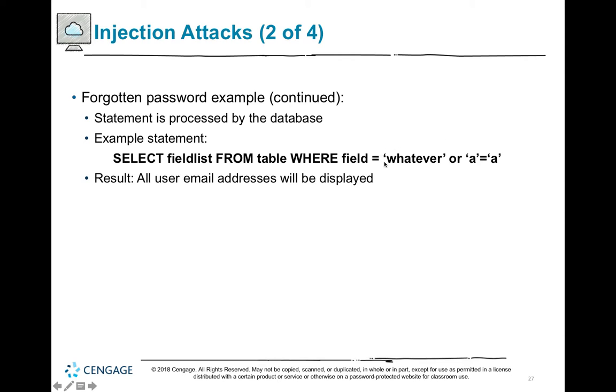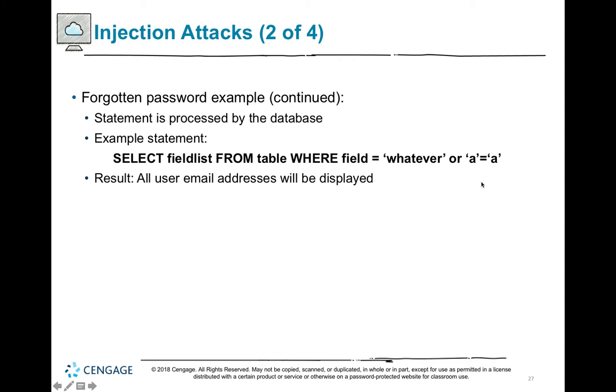Where it's expecting an email address here, the attacker has entered whatever, then a single quote, because that completes the text, field equals something surrounded by quotes, and then he introduces an OR statement, OR A equals A.